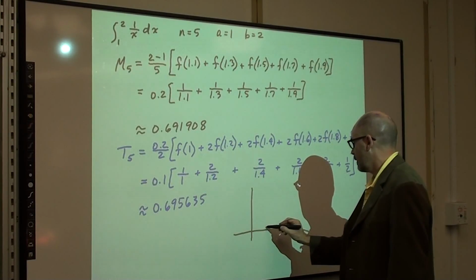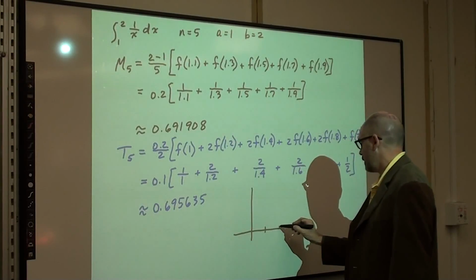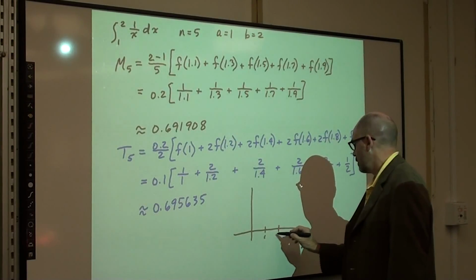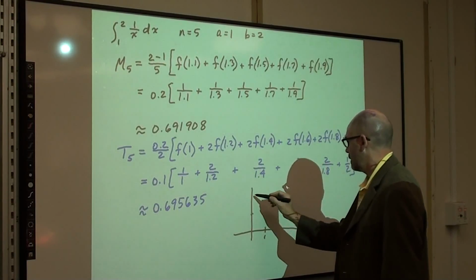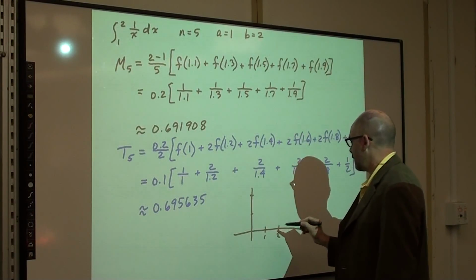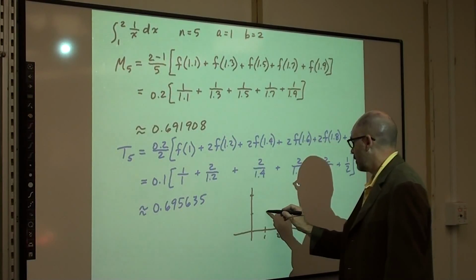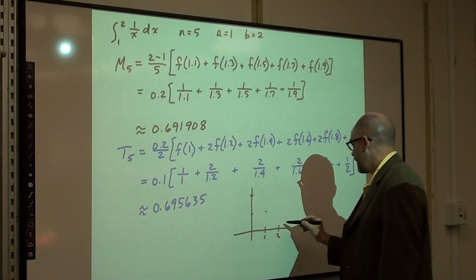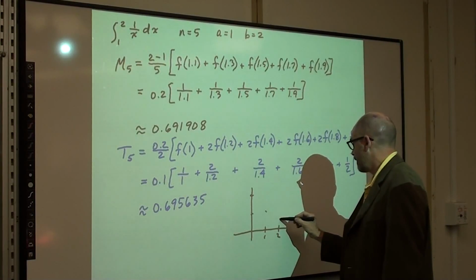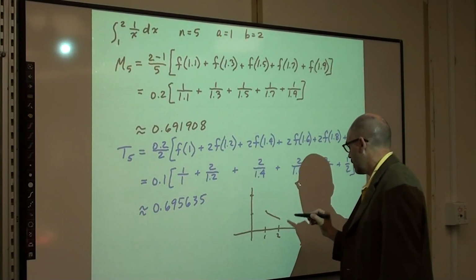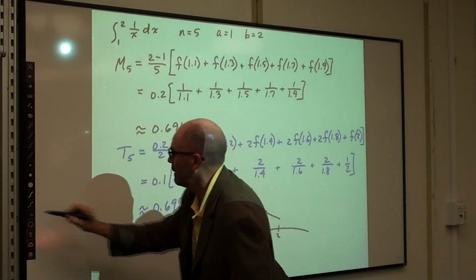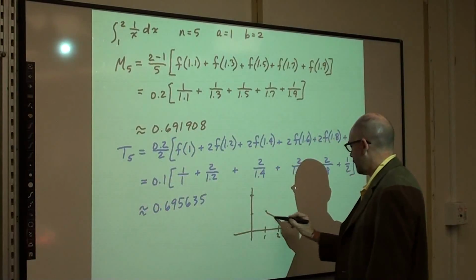So here's 1 to 2, and at 1 we've got 1, and at 2 we've got a half. And so our curve looks like this. Nice. That's not actually a curve, huh?